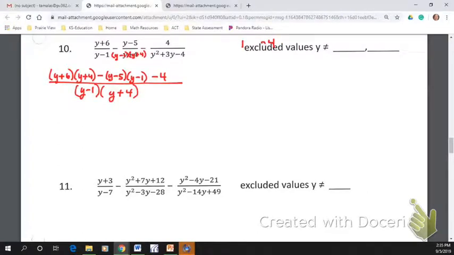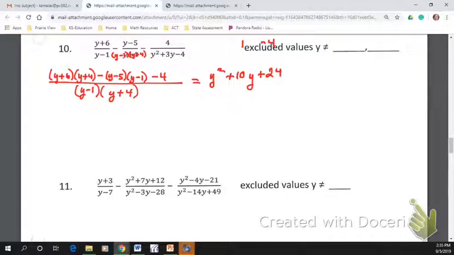A lot of simplifying to do there. I have to work this one out, work this one out and change the signs, and then I have that 4 on the end. First one: y squared, 6y and 4y, and then 6 times 4.